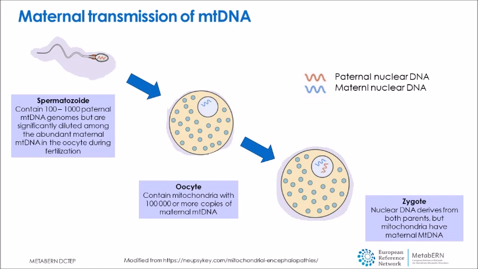On the other side, the oocyte contains mitochondria with 100,000 or more copies of maternal mitochondrial DNA. In total, the fertilized zygote contains nuclear DNA derived from both parents, but all or essentially all mitochondria containing mitochondrial DNA are inherited from the mother.